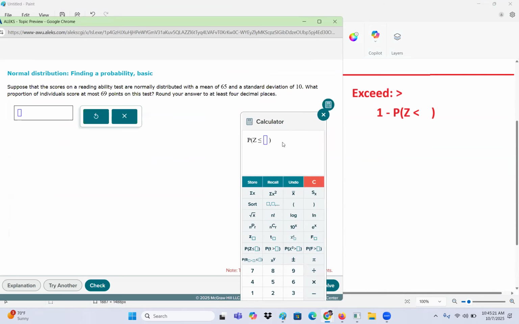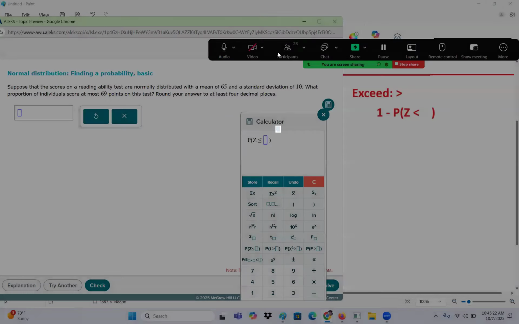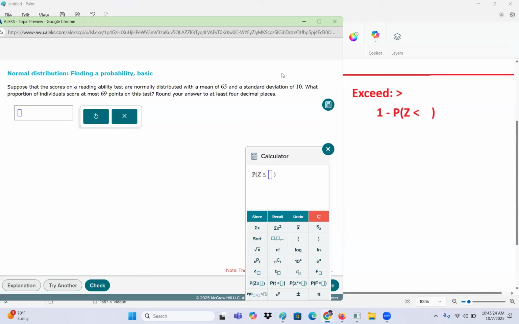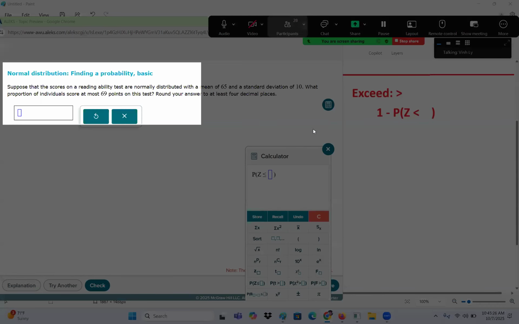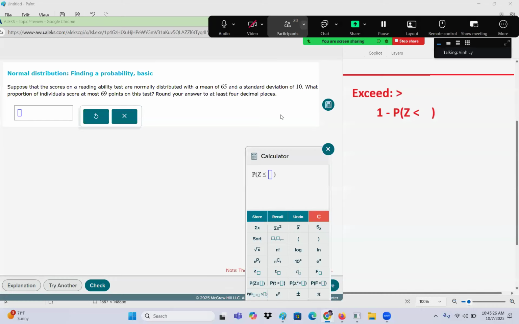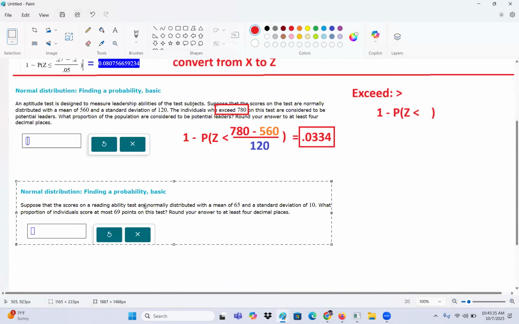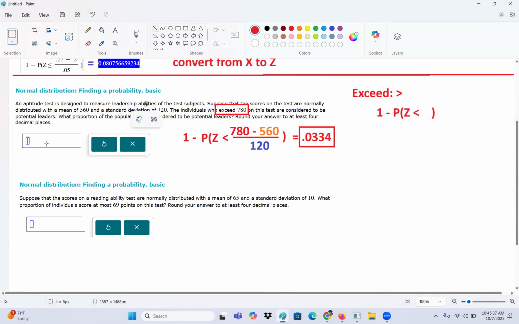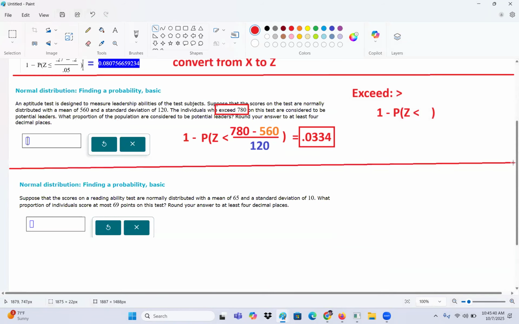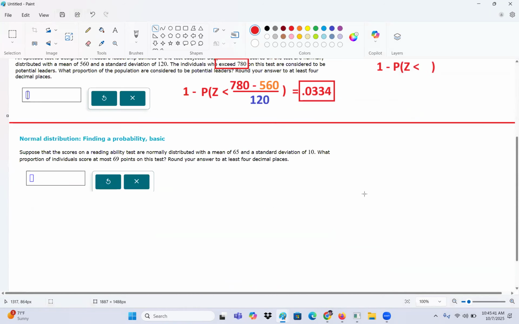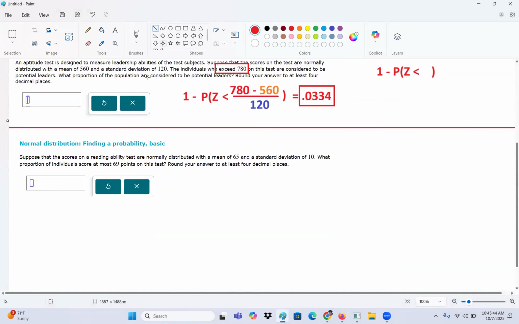Then let me just do this question for you. Sometimes I accidentally close out the question. So the word at most should be less than, right?